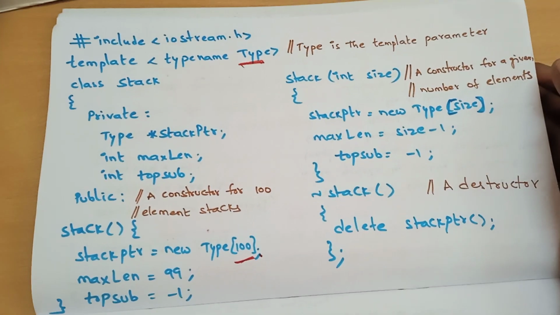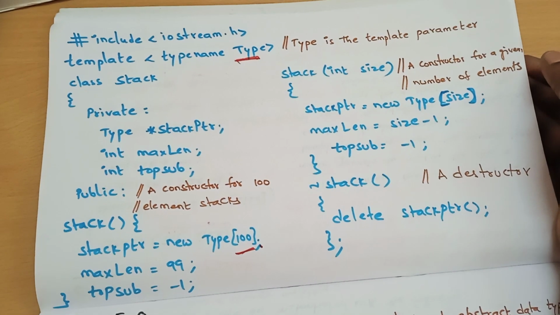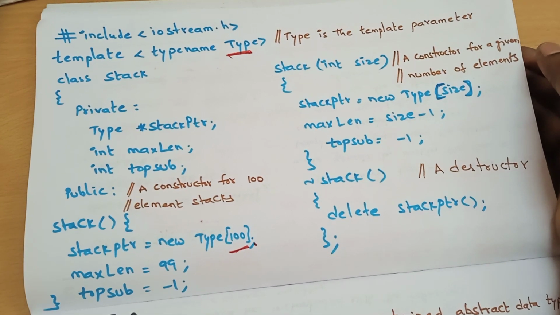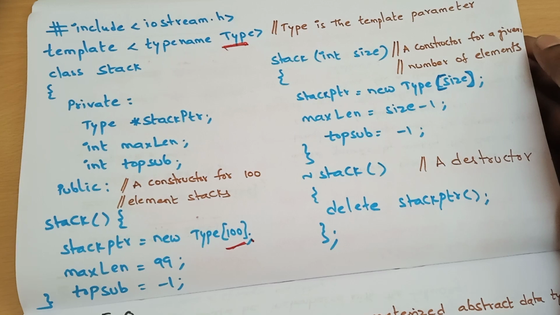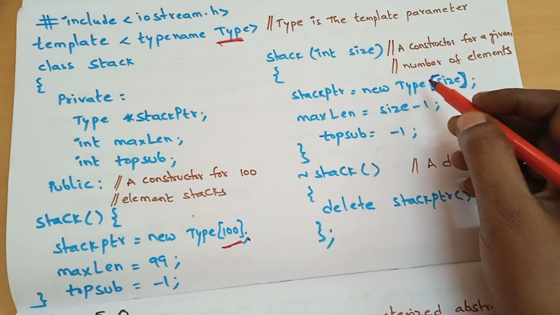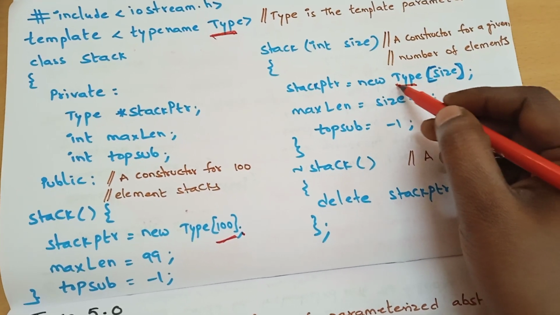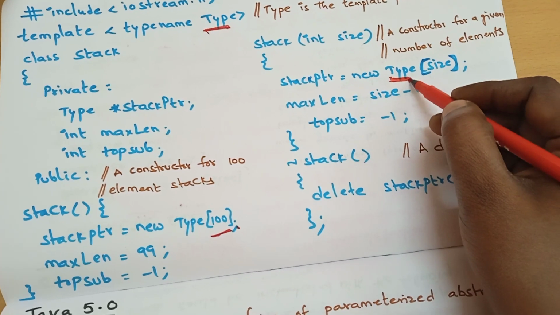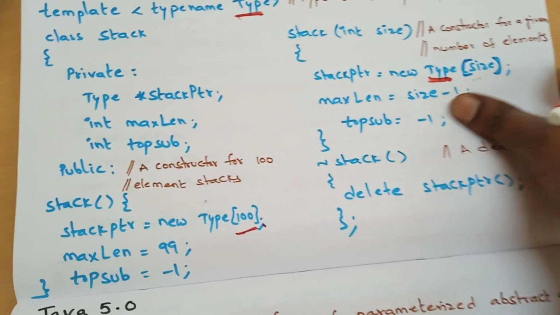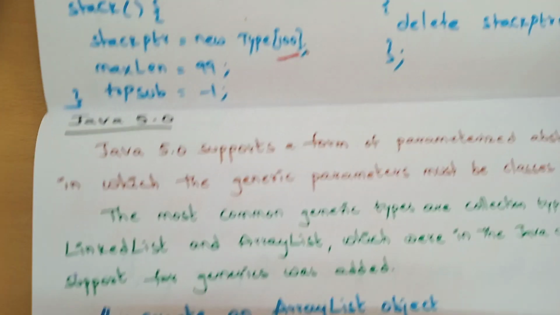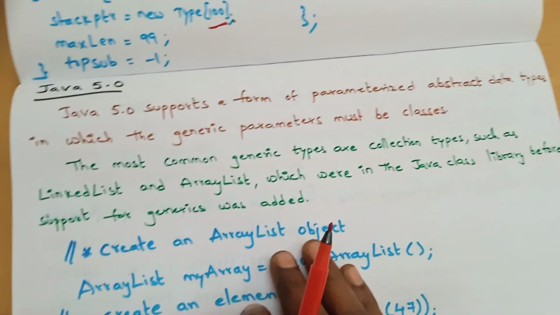This is about C++. You can have a look at the code to see how the type parameter of the template class is used. And the next is about Java ADTs.